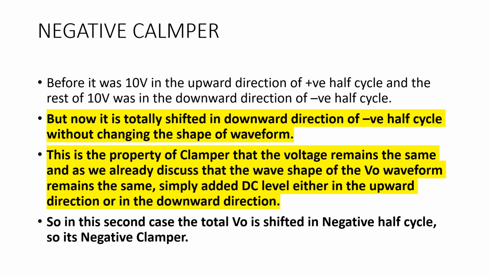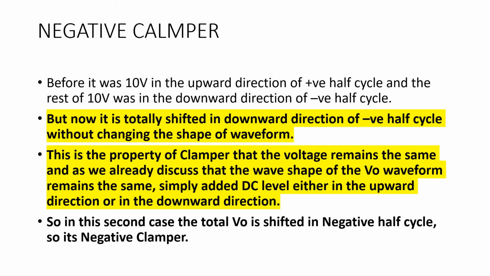Before it was 10 volt in the upward direction of the positive half cycle, and the rest of the 10 volt was in the downward direction of the negative half cycle, as in the previous slide in figure number 4 of the output waveform. But now it is totally shifted in the downward direction of the negative half cycle without changing the shape of the waveform.